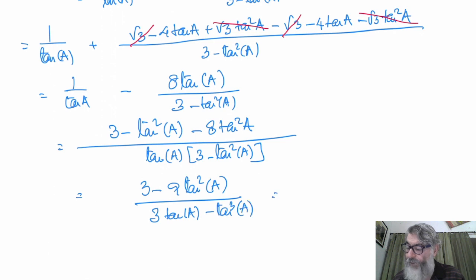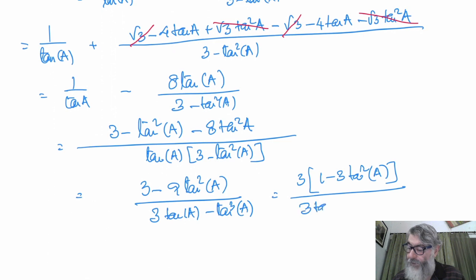It will be left 1 minus 3 tan square A upon 3 tan A minus tan cube A.